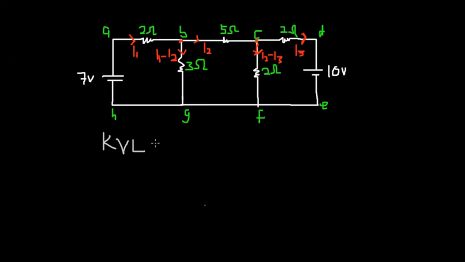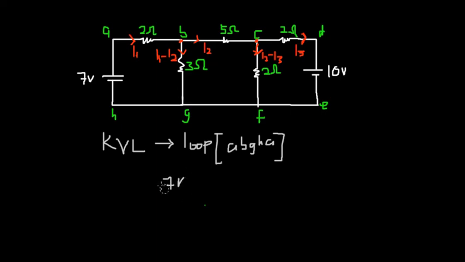So let's move on and then find out KVL using the respective loop. Let's take loop ABGHA, that's our loop. So from here you could notice that we have 7 volts.